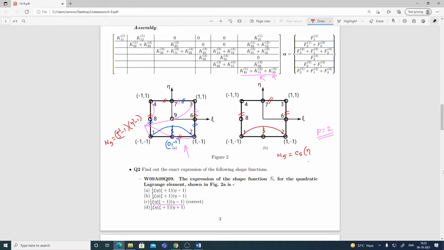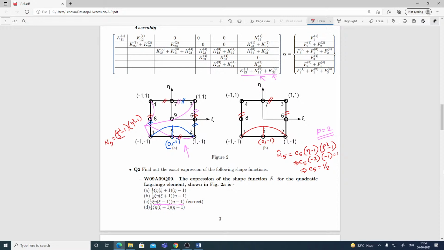So I will put it like this: (eta minus 1) and (xi square minus 1). This is not difficult. Then I put the coordinate of node 5 as 0, -1. That brings C5, eta becomes -1, so it is -2, xi is 0, so that brings -1, and this is equal to 1. That gives me C5 equal to half. That is how I calculated N5.